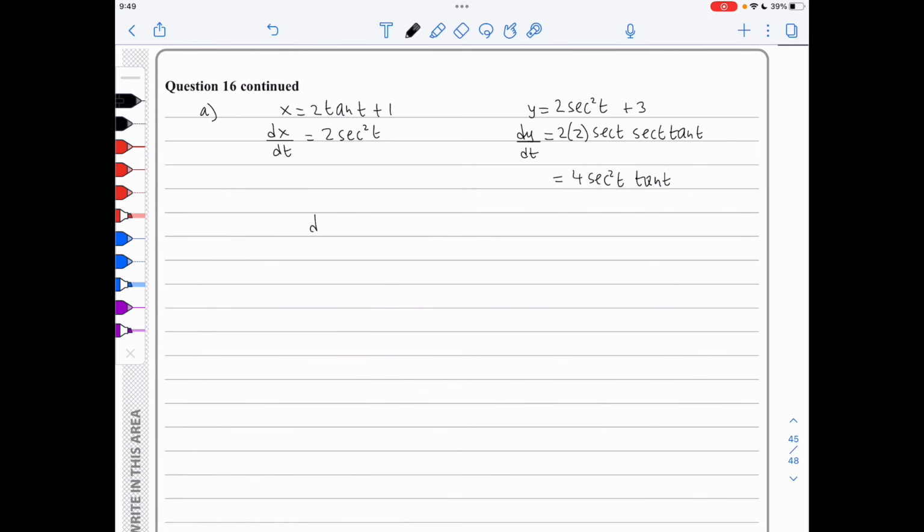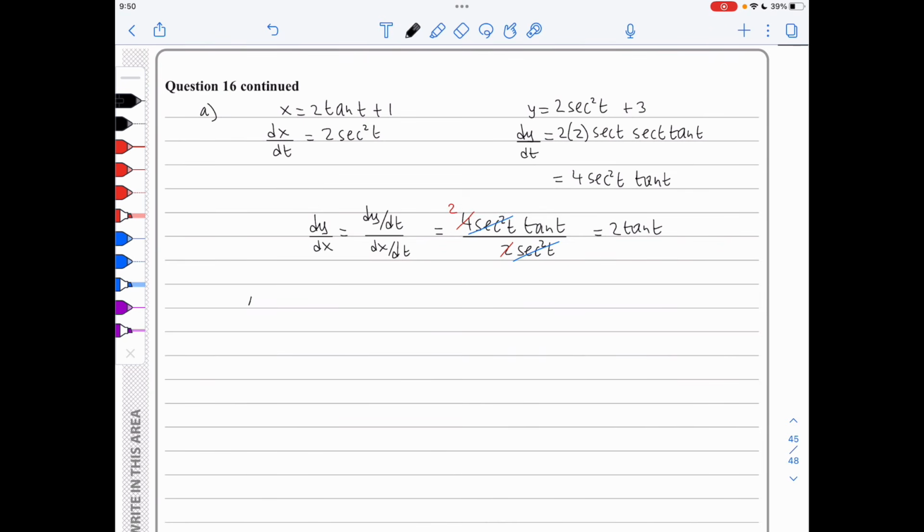We know that dy/dx in parametric form is dy/dt over dx/dt, which is 4 sec squared t tan t over 2 sec squared t. We do have some simplifications here. The 4 with the 2 leaves me a 2 in the numerator. The sec squared cancels out. So this is 2 tan t.